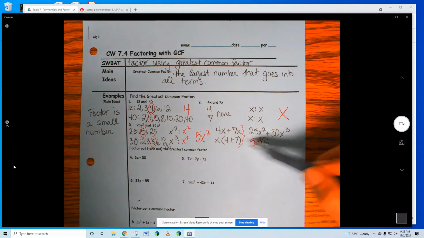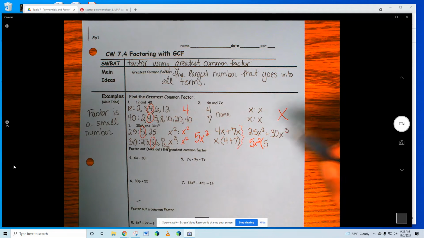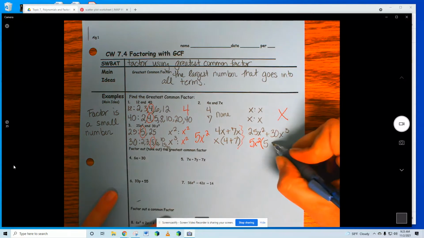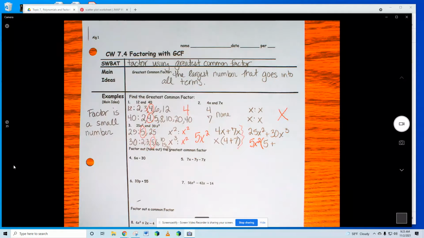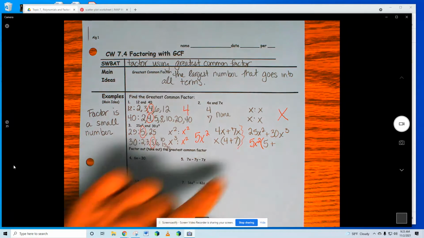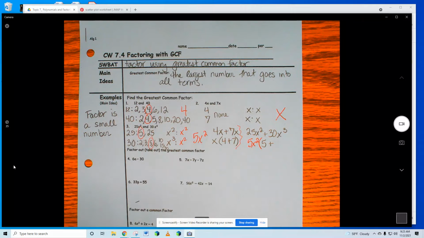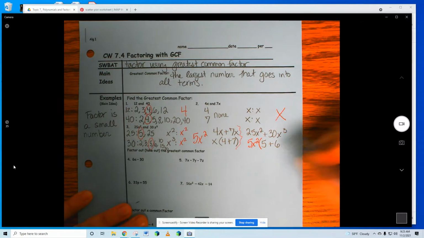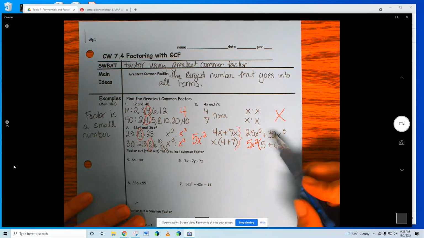What's x squared divided out of x squared? Nothing. I'm not going to put a 1 though. Plus sign. So I don't even need to put an x there. What's 5 divided out of 30? 6.